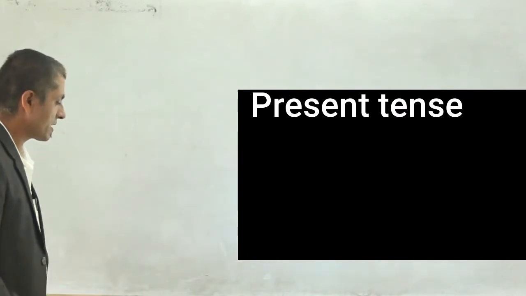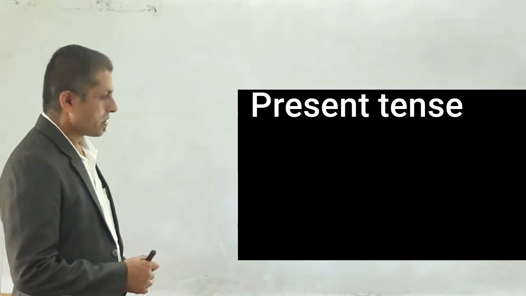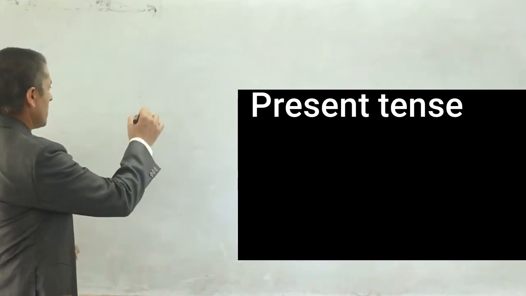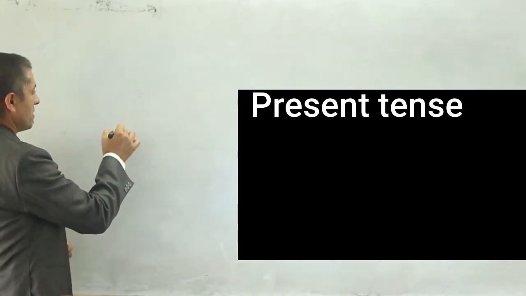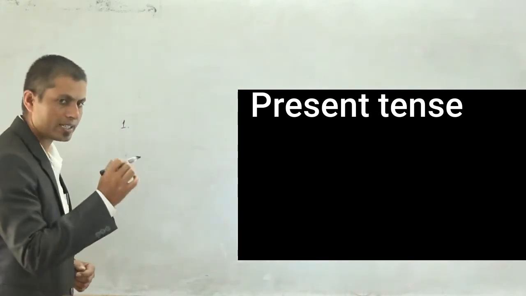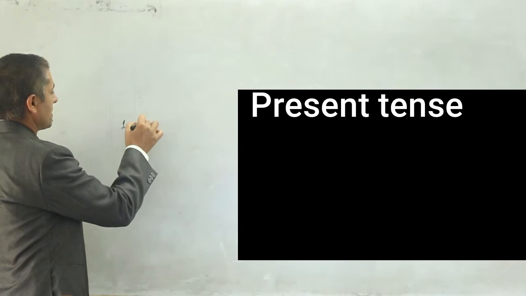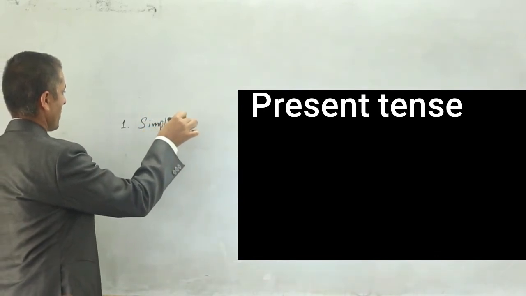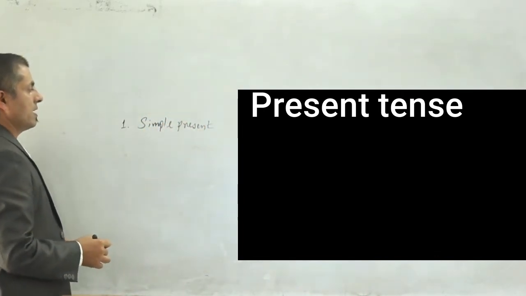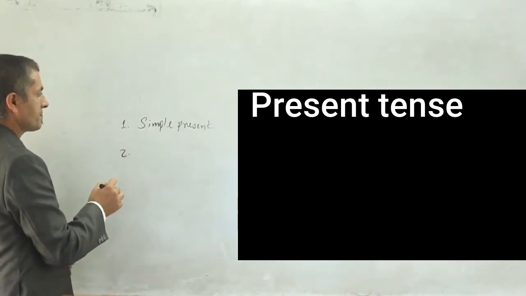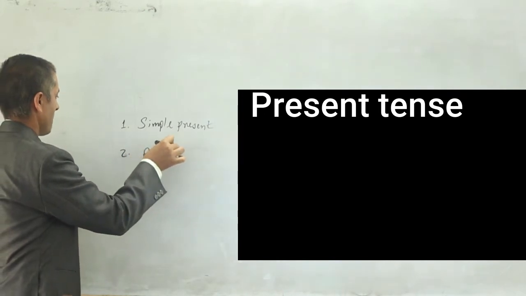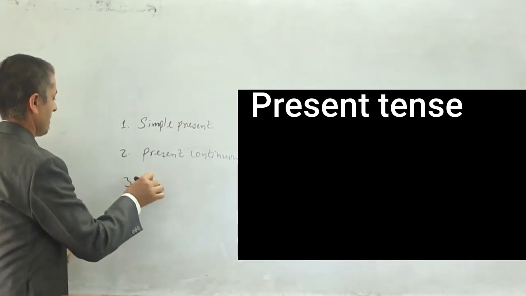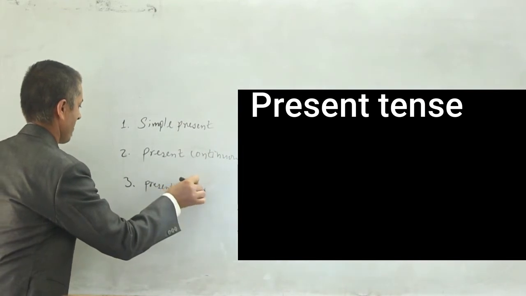So what you have heard from the previous one, what do you notice? My dear students, first simple present tense, then what you just heard, present continuous, then present perfect, then present perfect continuous. Here I write number 3 and number 4: present perfect, P-R-E-S-E-N-T, P-E-R-F-E-C-T.